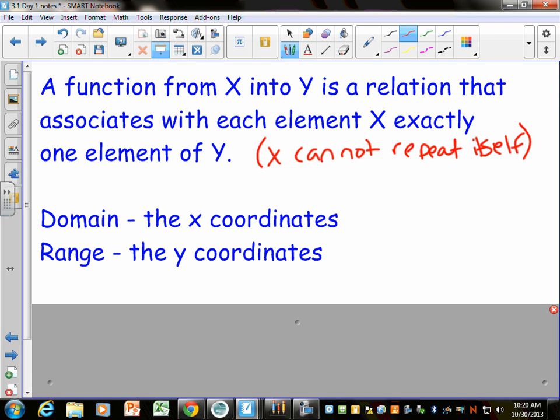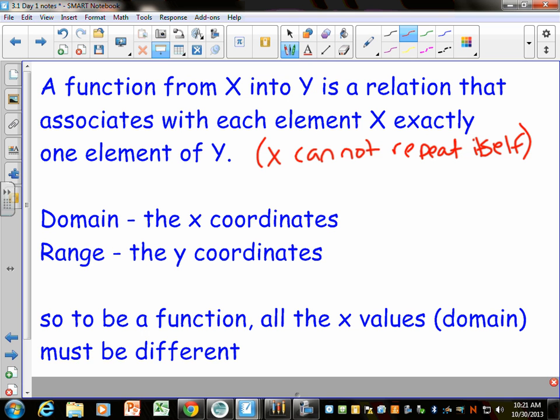And I throw in the words here, domain and range, which I hope maybe you are somewhat familiar with. Instead of talking about x's, we can talk about the domain, which is all the x coordinates. And instead of talking about just the y coordinates, we can call that the range. To be a function, all the x values, or the domain, must be different, which is kind of the same thing I just wrote there.